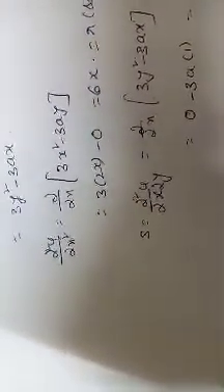And now we have to find t. So how can we find dou square u by dou y square? Dou by dou y of dou u by dou y, which is 3y square minus 3ax. Then 3 into y square gives 2y, minus 0, which implies 6y.